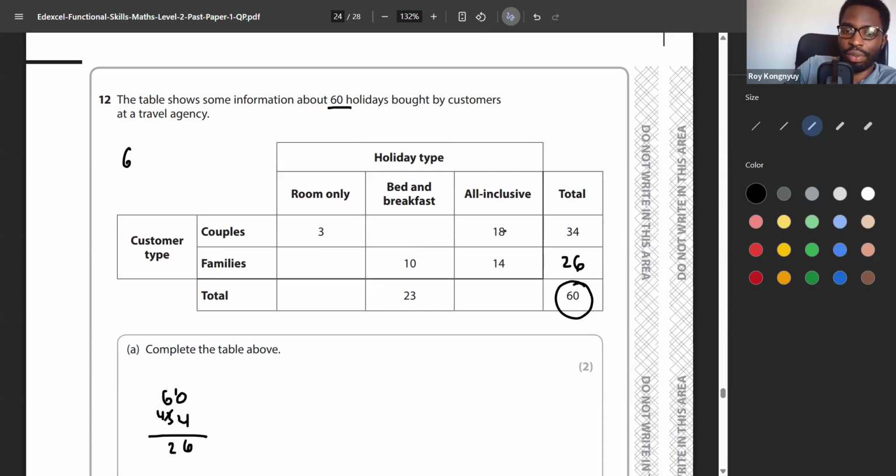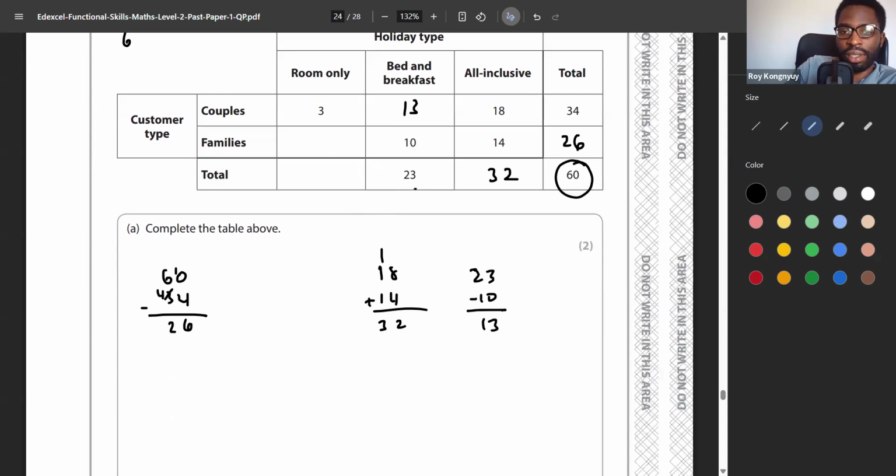Now, all inclusive, that's 18 plus 14. That's 32. If bed and breakfasts sum up to 23 and 10 of them are families, the other must be couples. So that's 13. 23 minus 10. It's 13.